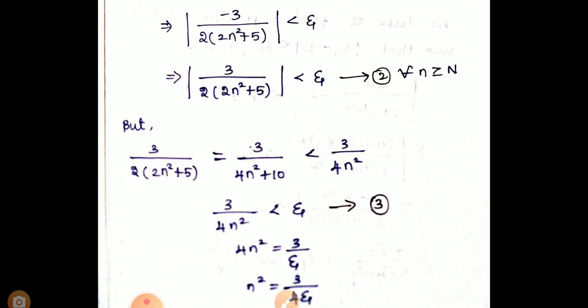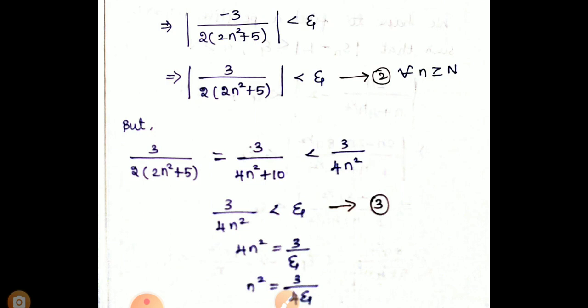We are neglecting the number terms and taking only the n terms alone, because we have the condition that n is greater than or equal to capital N, where n belongs to I. If we split it like this, we get 3 by 4n squared plus 3 by 10. Now we are omitting the 3 by 10, the number terms. We are taking only the n terms alone, which is less than 3 by 4n squared.